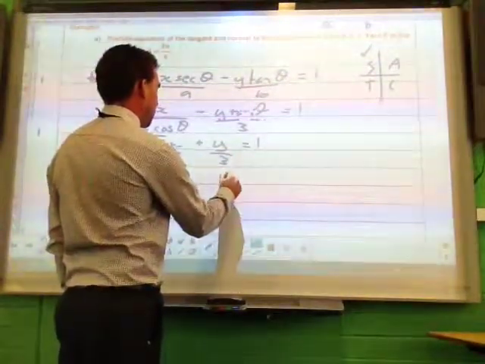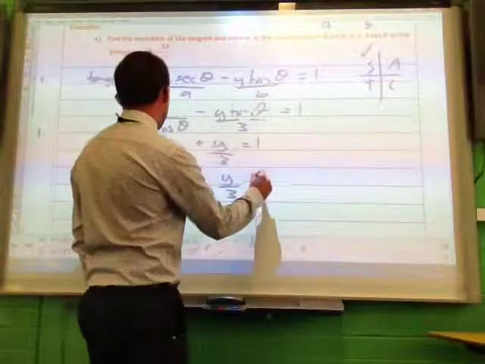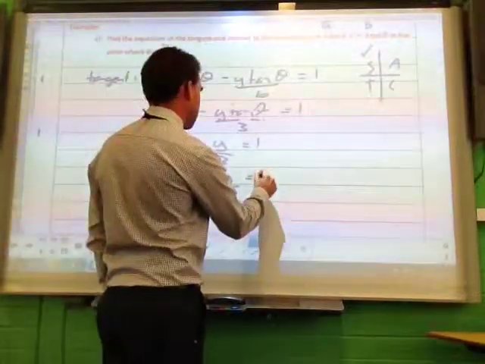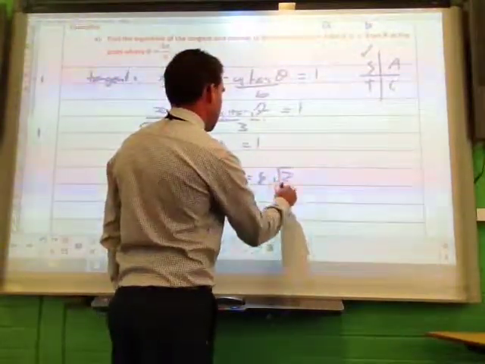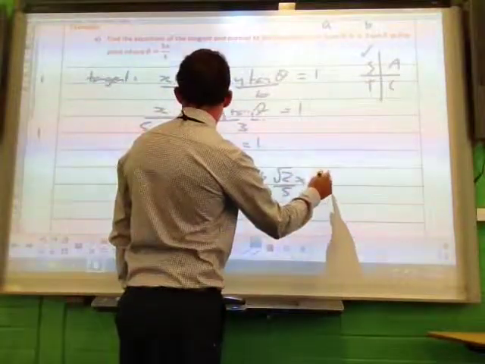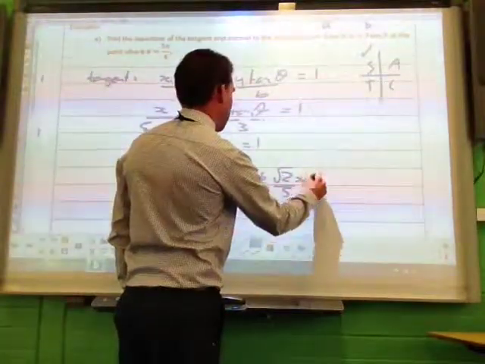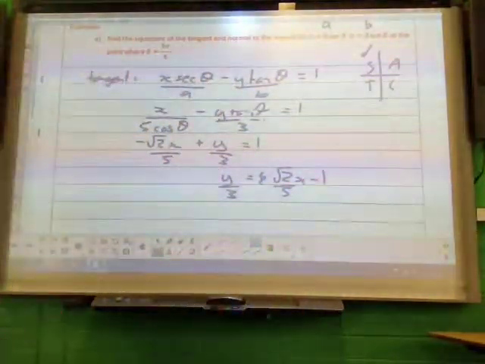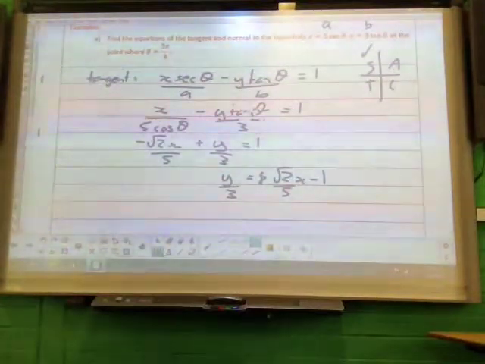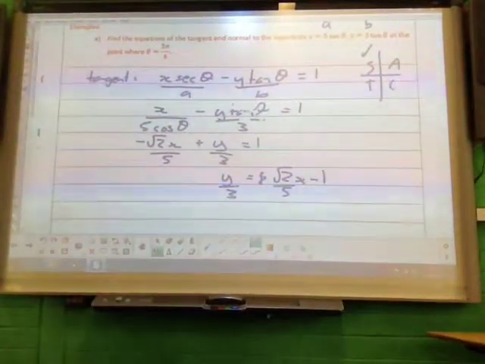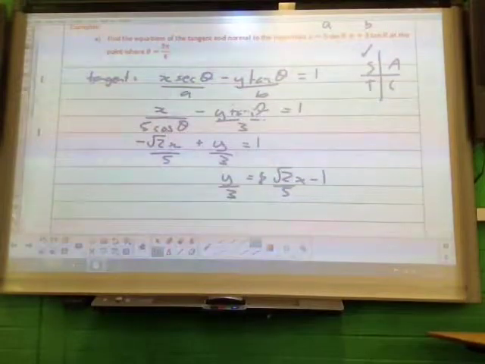Right, so y over 3 is going to be root 2 over 5 x, take away 1. I just like writing it in y equals mx plus b form because I can easily read the gradient, and that will help me down the track maybe.